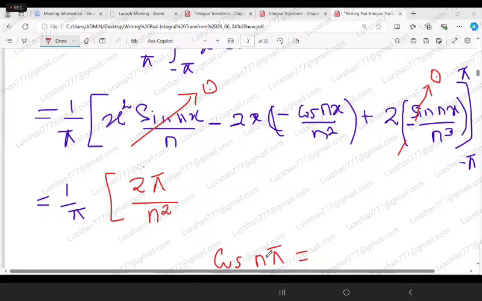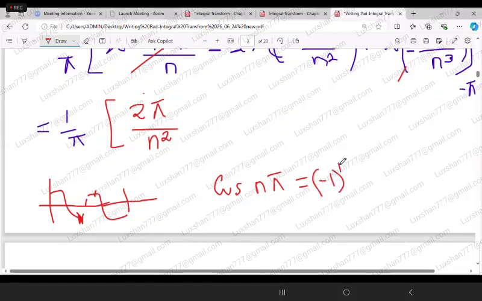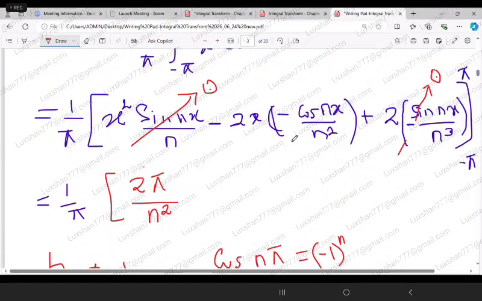If n is equal to 2, cos 2 pi is plus 1, isn't it? You don't need to memorize these things. You can just draw and see. So this is the cos curve. Here this is cos 1 pi, and this is cos 2 pi, and so on. Therefore, cos n pi is equal to minus 1 to the power n.